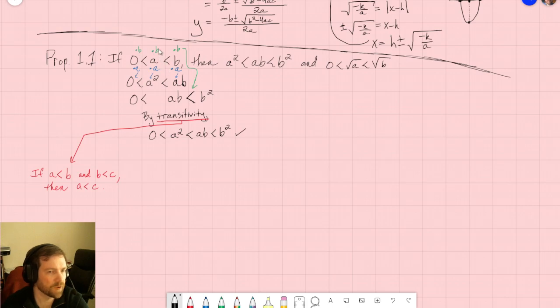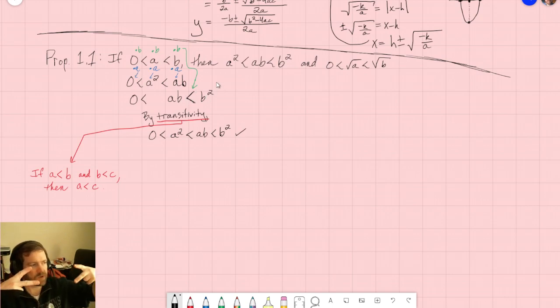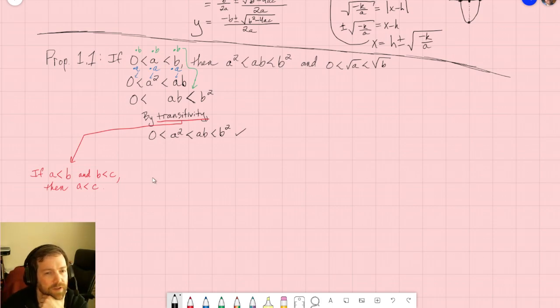If, on the other hand, we multiply by b, we end up with 0 is less than ab is less than b squared. And then by putting those two statements together, we end up with 0 is less than a squared is less than ab is less than b squared, which was one of the things to be proven. So we've shown this one.